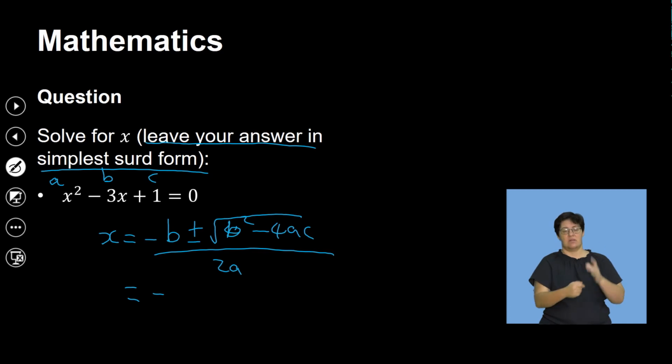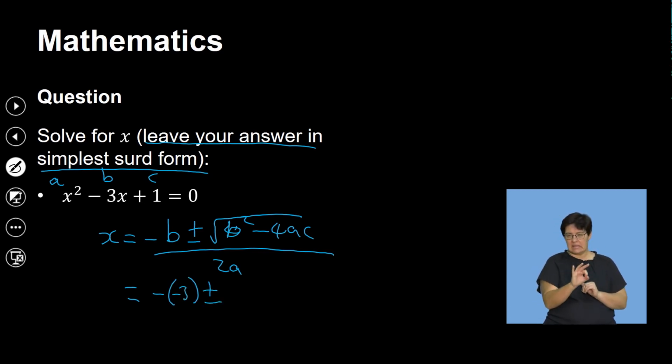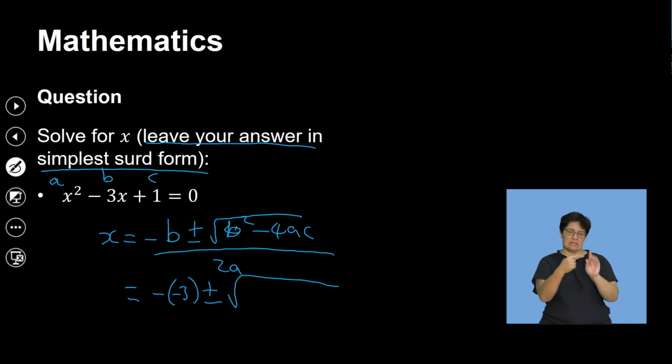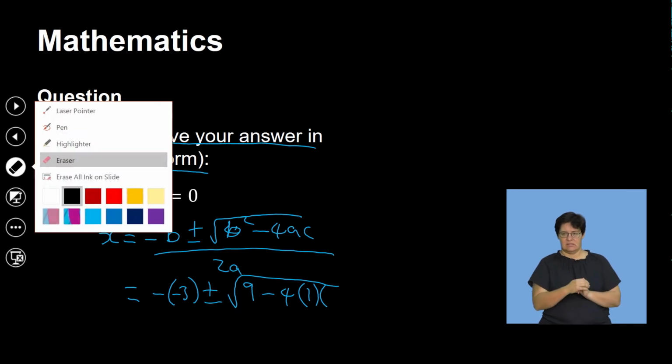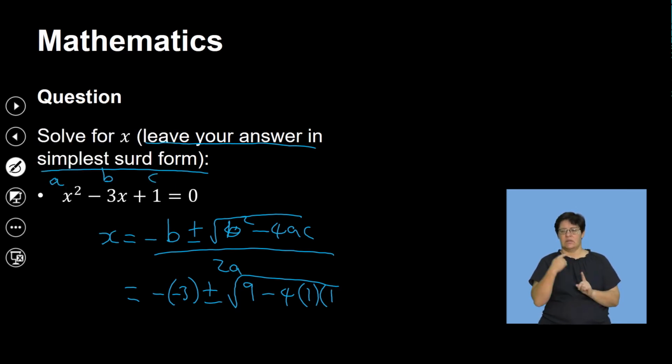Minus, the b we said is -3, so it will be -3, plus or minus the square root of -3 squared, which is 9, minus 4 into the a value which is 1, the c value will also be 1, not negative, right? Let me quickly remove that. So it will just be a positive 1.